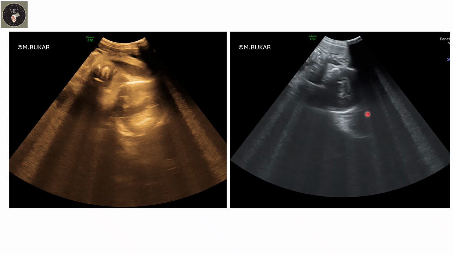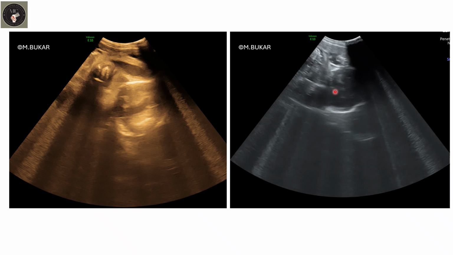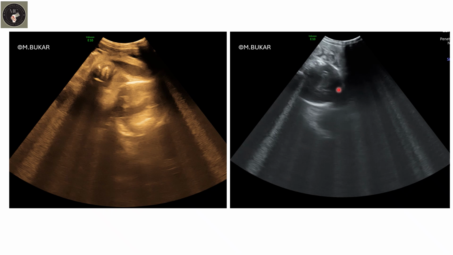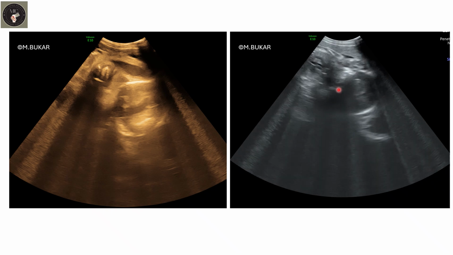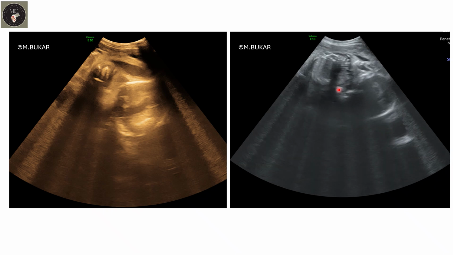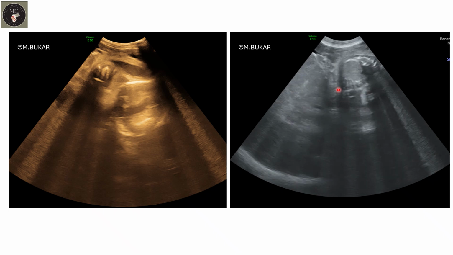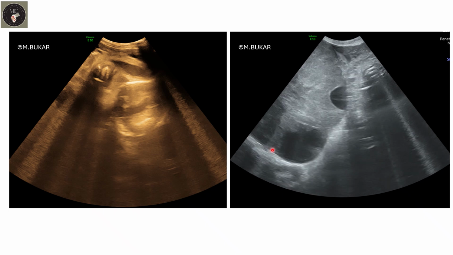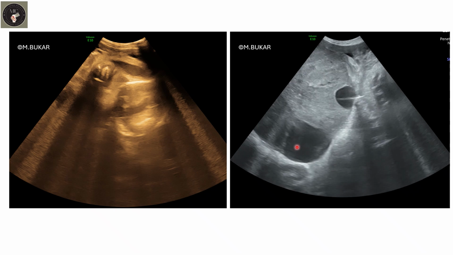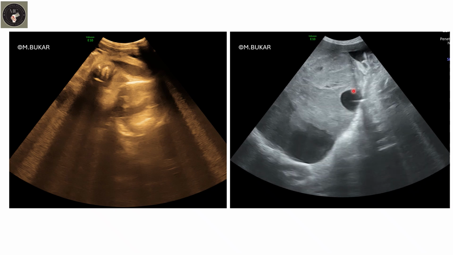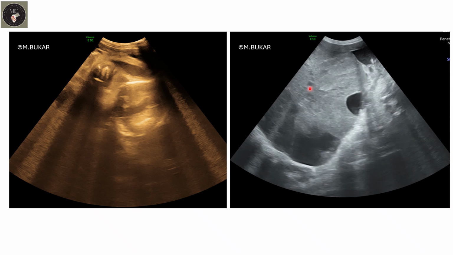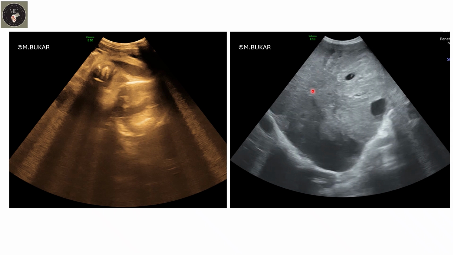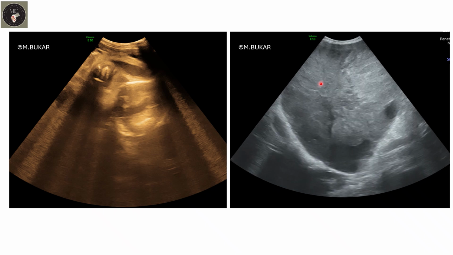So again, this video, the fetus, the lesion. Note the cyst, the follicle, the hypoechoic area here, and the mixed echogenicity here.